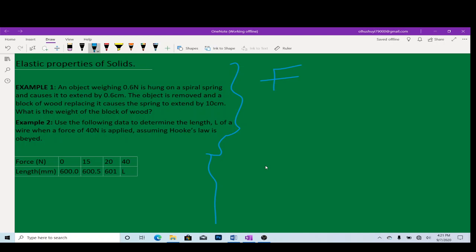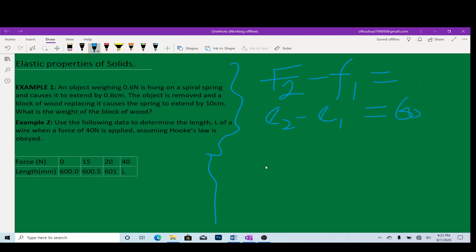When we have a force of 40 newtons, the new length is unknown. So I think wisdom requires that you compare the forces and the lengths together. So I can say my F2 minus my F1 will give me something, then my E2 minus my E1 will also give me something.